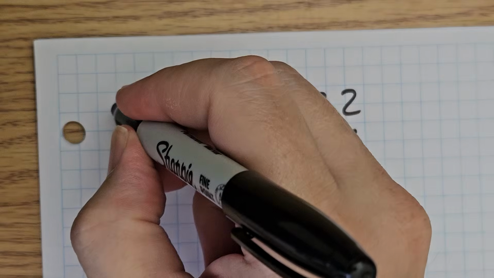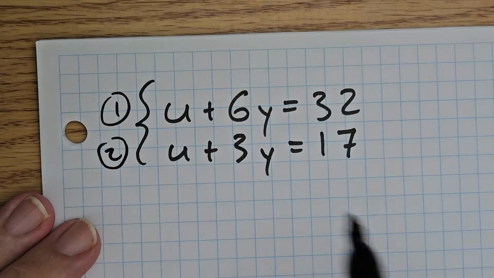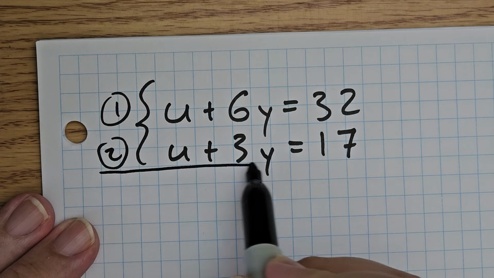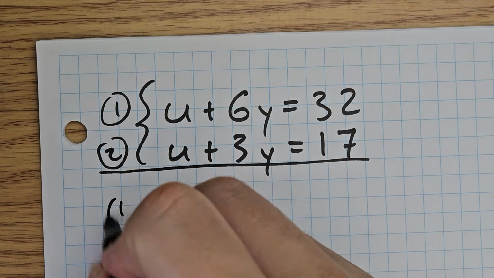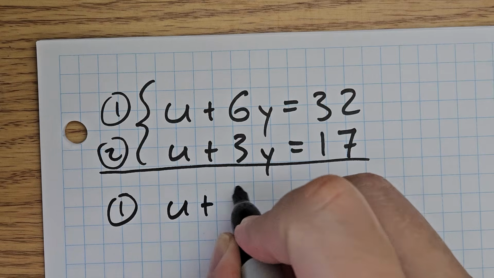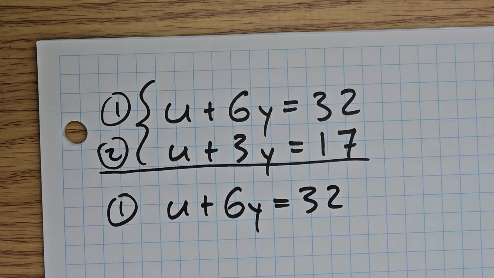All right, I'm going to call this equation number 1 and equation number 2. The first thing I'm going to do is pick one of the equations and isolate one of the variables. It does not matter which equation I pick, so I'm going to pick equation number 1: u plus 6y equals 32. I can isolate either variable.